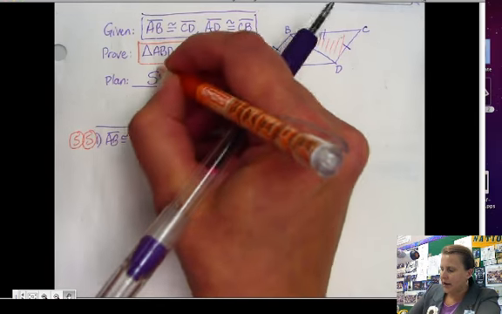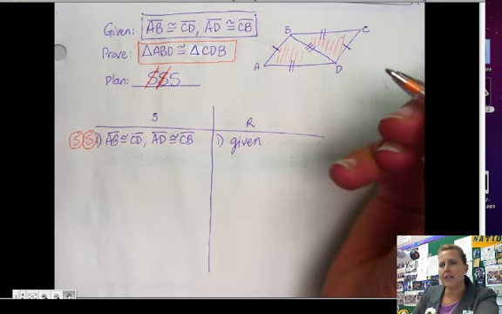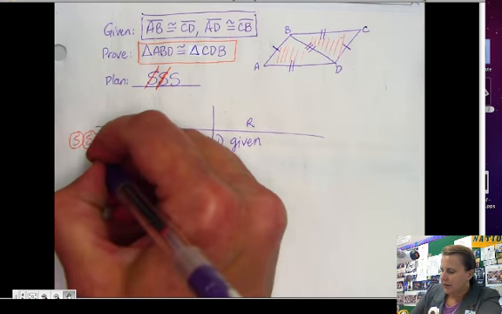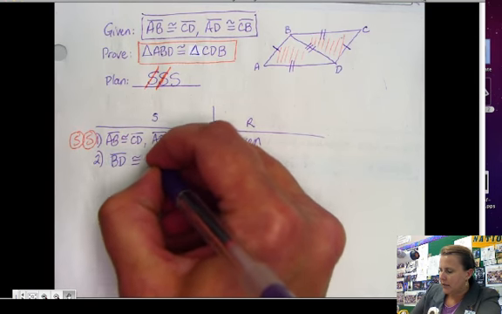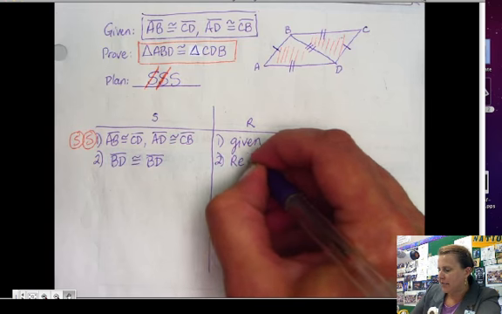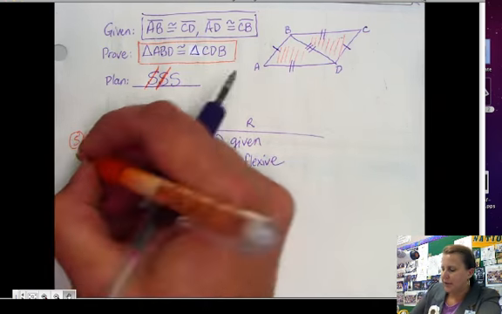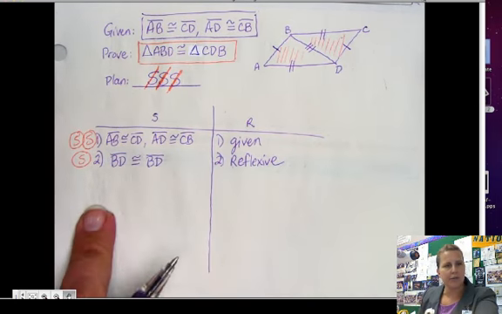I'm going to cross those off of my plan because I've already done two of them. Now I just need to write the third one, which is the one that they share. So that would be BD is congruent to BD. If you remember from the previous chapter, that's the reflexive property. Now I have my third side, and so I can cross that off. I've done all three sides.